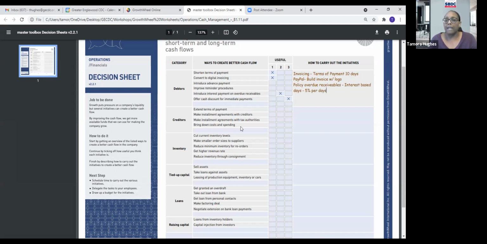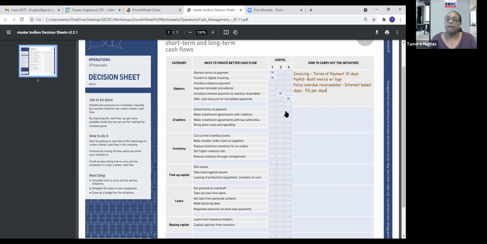And there are other ways of bringing down costs and spending, so that your company isn't spending a lot of money on interest and things that a creditor would charge for your cash flow. So you can plan that out.